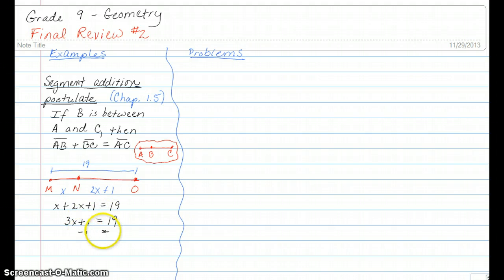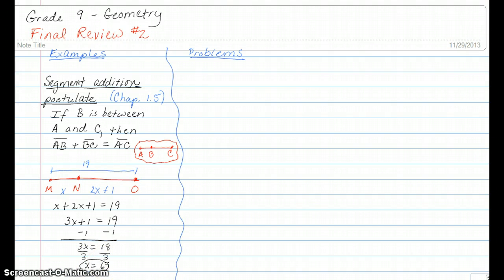I'm going to subtract 1 from both sides using the subtraction property of equality, and you're going to end up with 3x equaling 18. Divide both sides by 3, division property of equality, and x equals 6.